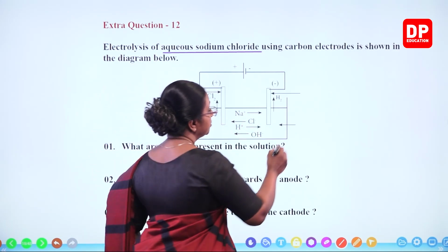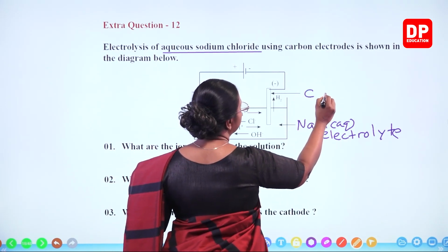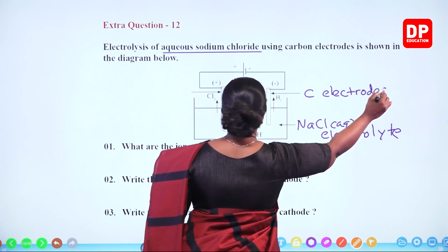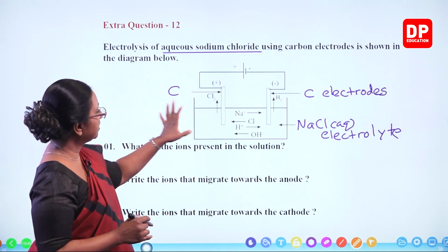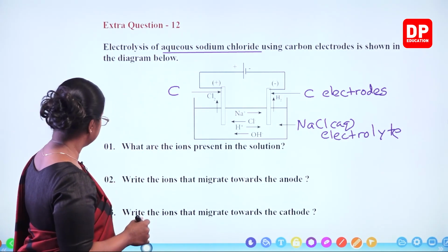This is sodium chloride aqueous, that is the electrolyte. And here we have carbon electrodes. This is also a carbon electrode. That is what you need to know from this particular electrolytic cell.